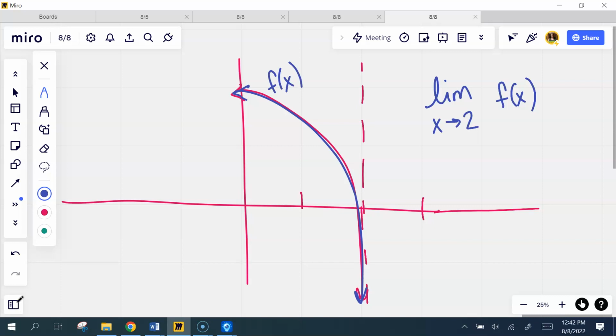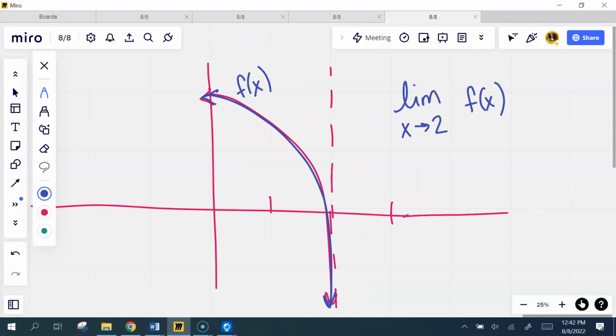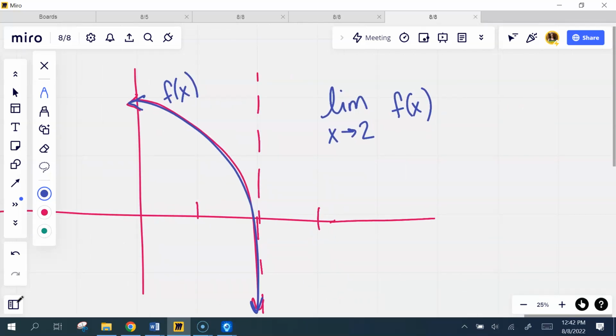So look at that graph, and as x gets closer and closer to 2, what is happening to my graph? How do I say that conceptually? It's going down forever really fast. You're right, negative infinity. Okay?